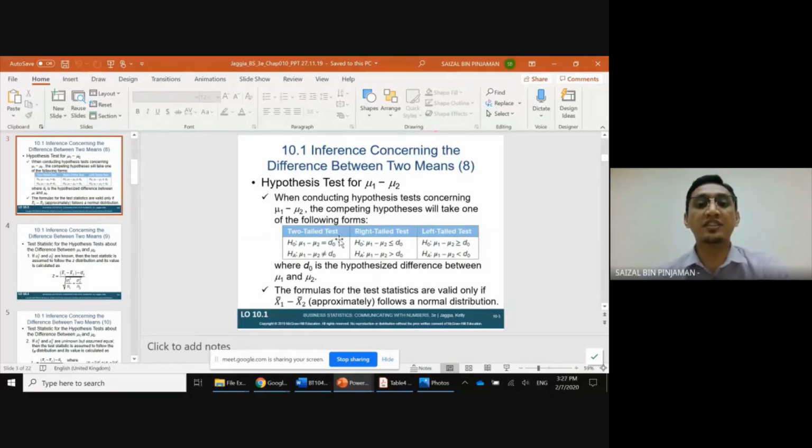Usually, this hypothesized difference is equal to 0. If it is equal to 0, that means there is no difference between the mean for population 1 and the mean for population 2.